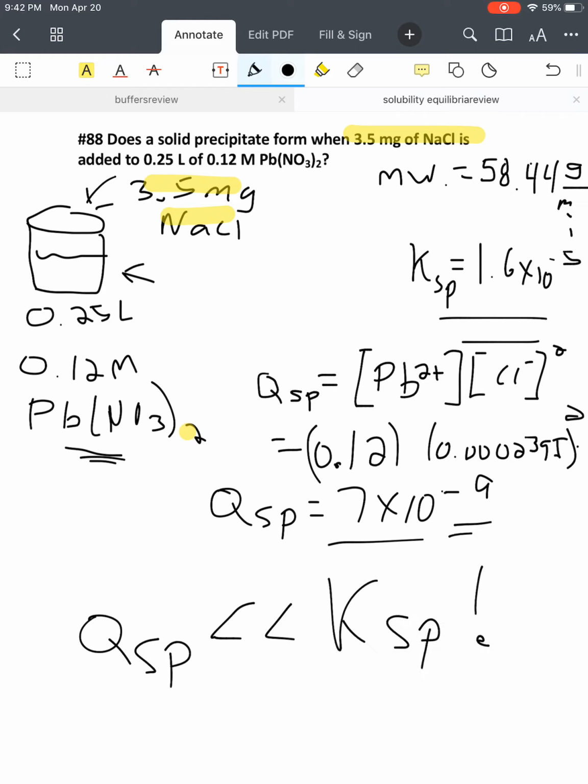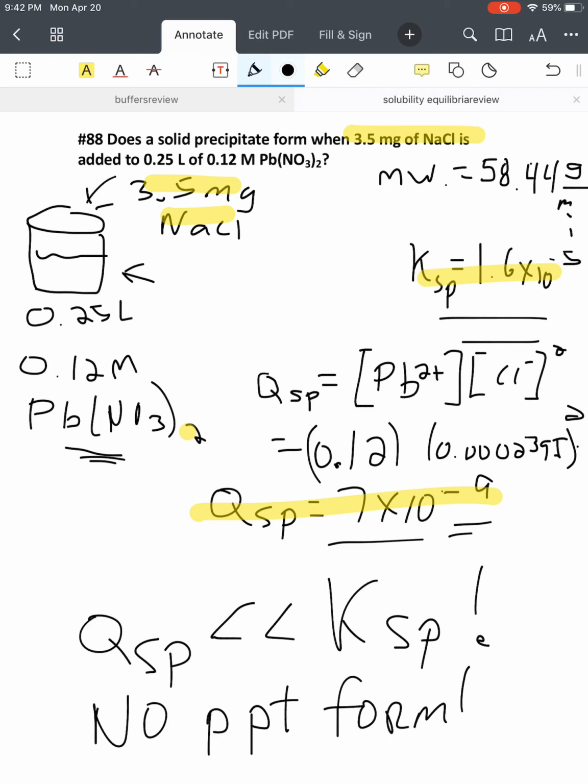This is 10 to the minus 9, and my KSP was what? 10 to the minus 5. These are the numbers that I'm comparing. So because QSP is so much smaller, what that tells me is no precipitate will form here. I'm not expecting to get a precipitate.